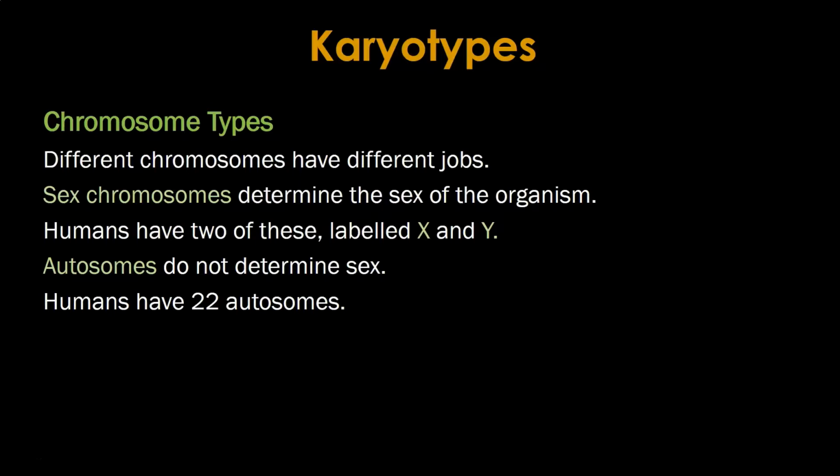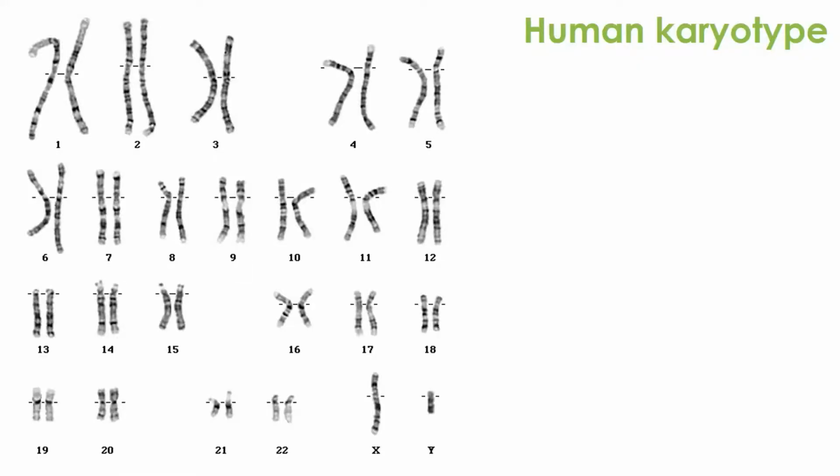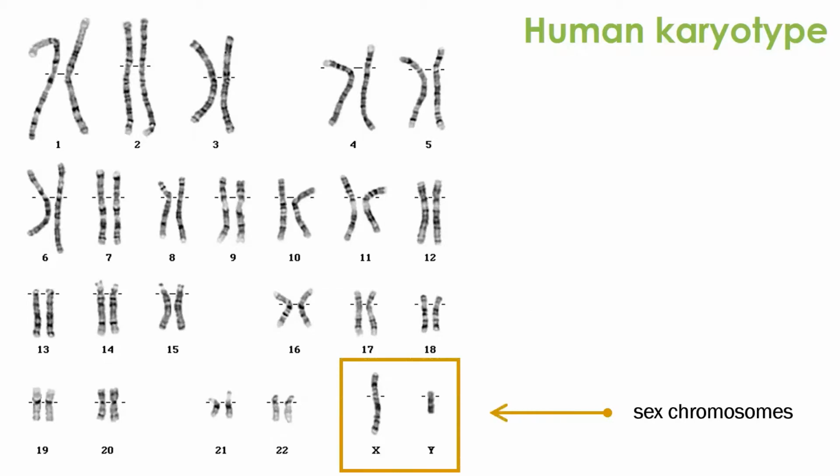So let's have a look at this on a karyotype. There are the sex chromosomes there. So you'll notice if we go through our numbering from largest to smallest, 1, 2, 3, 4, 5, all the way down to chromosome 22, or the 22nd pair, and the 23rd homologous pair is, in this case, one X and one Y. So what would be the sex of this person?